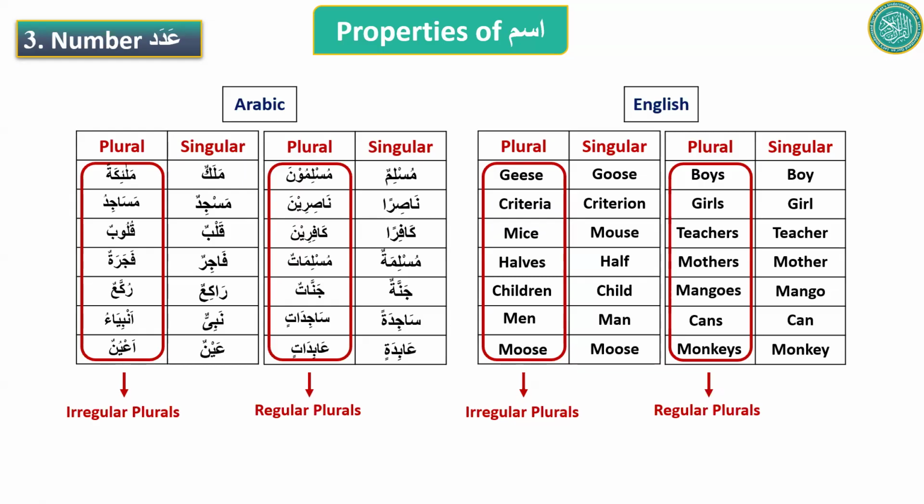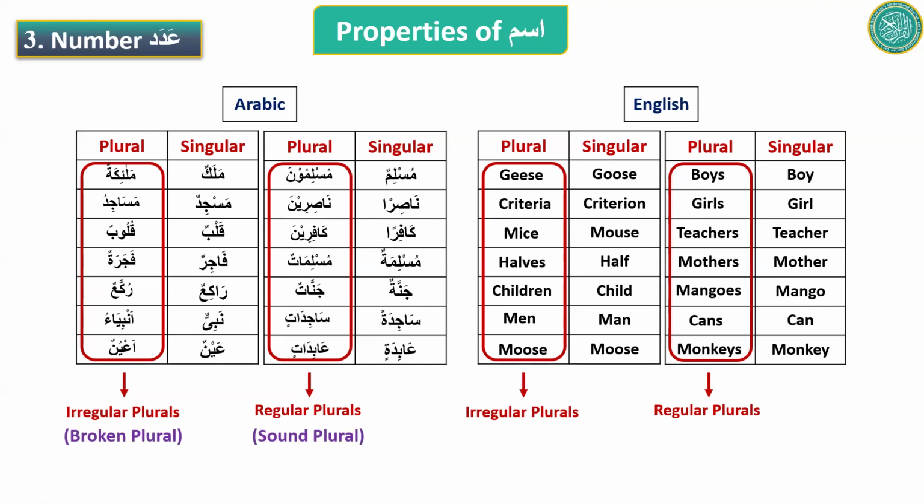Okay? But we are going to use different terms actually. The regular plurals, we will call them in this course sound plurals. And the irregular plurals, who do not have the ending sound una, ina, or atun or atin, we will call them broken plurals.